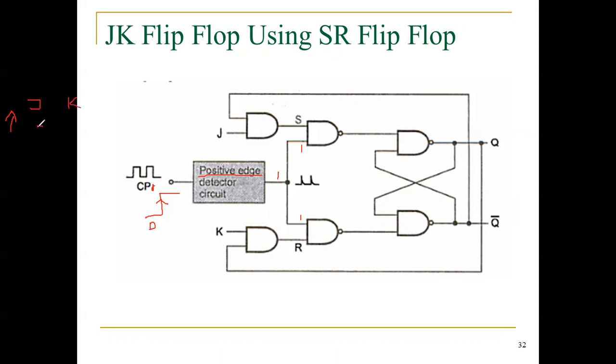What are my J and K? My J input is initially assumed as 0. K is also 0 now. That means, please listen, J equal to 0, K is also 0. What will happen? One of the inputs is equal to 0. Anyhow, initially I made the assumption of Q and Q bar.